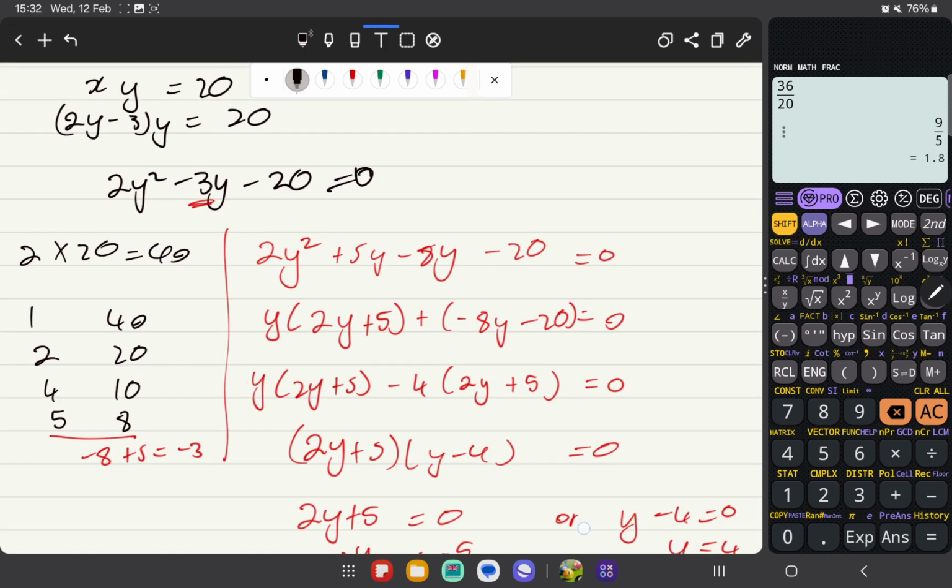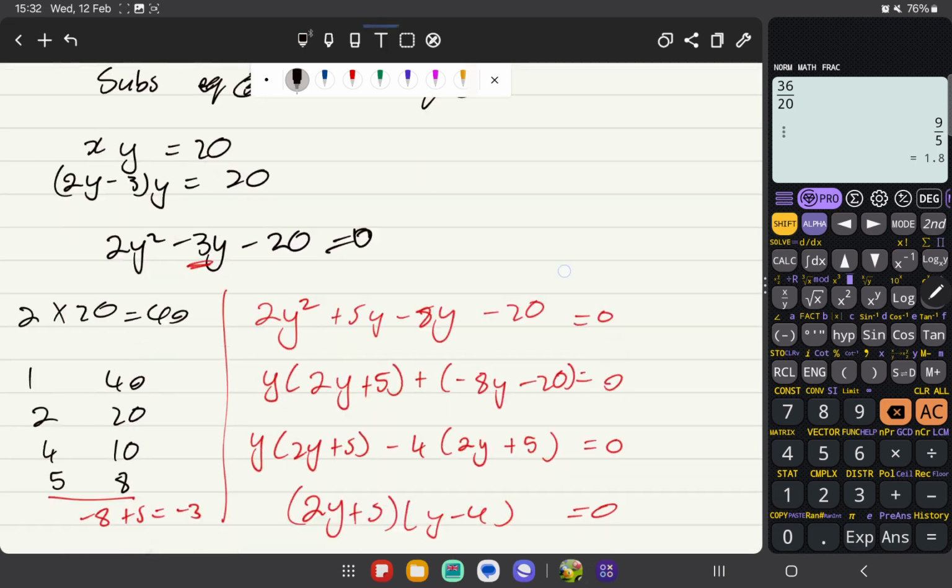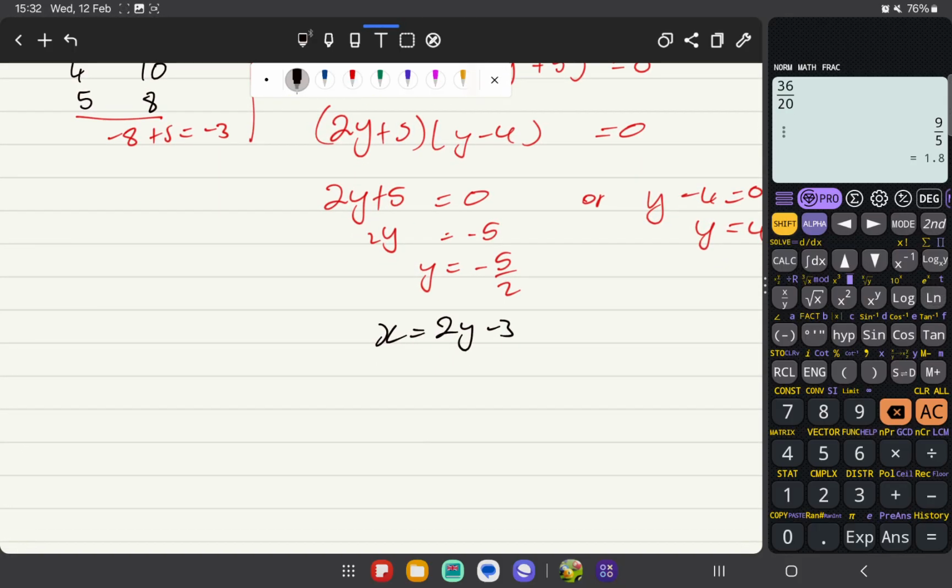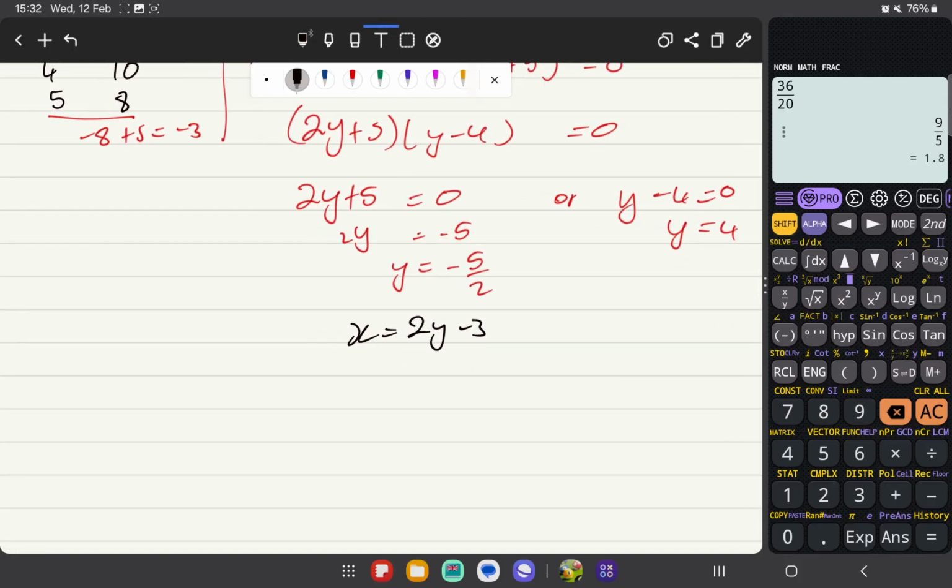For y equals 4, x is 2 times 4 minus 3, which is 8 minus 3, that's 5.